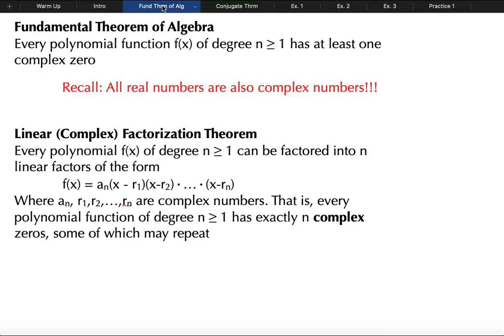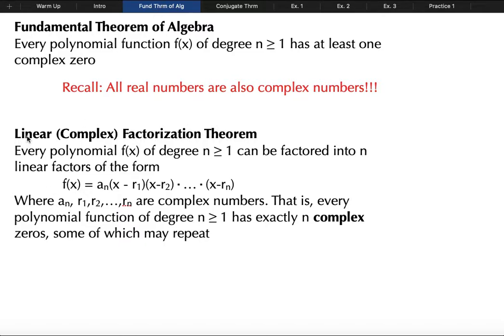That was in terms of real zeros. Here we're focusing on complex zeros, which could include the real zeros, but doesn't have to. Basically, we're stating that if the function doesn't have any real zeros, it still has to have at least one complex zero.